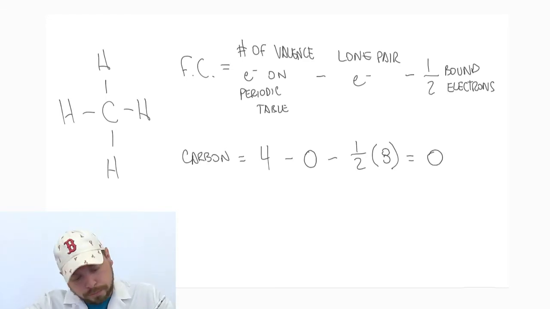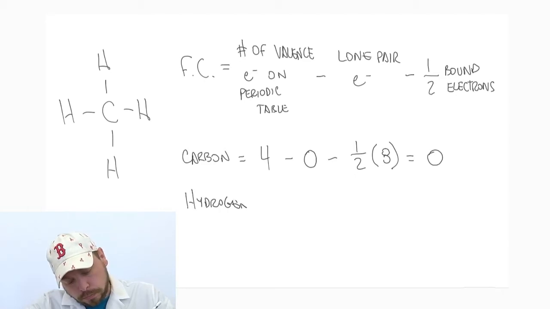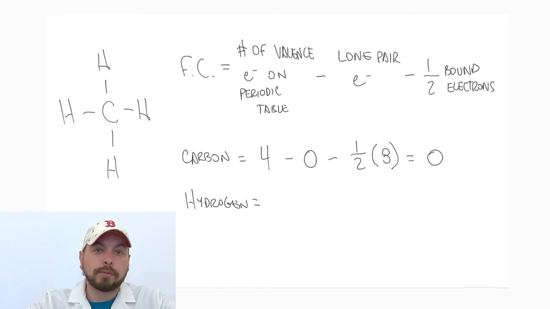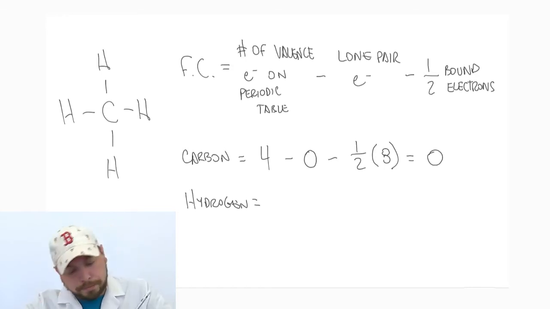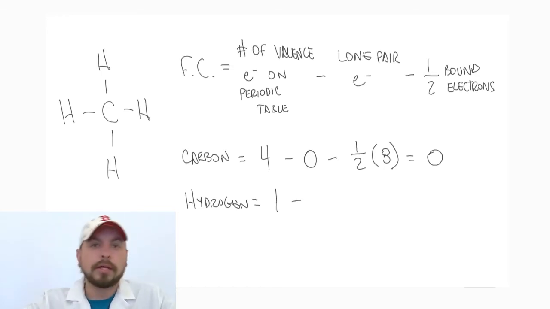Hydrogen. Now, hydrogen on the periodic table has 1 valence electron. It has 0 electrons in lone pairs, and this goes for all 4 hydrogens. Each hydrogen you'd theoretically be accounting for separately, but in this case, they're all identical based on how they're bound, which means we can just do one calculation for each of the hydrogens.